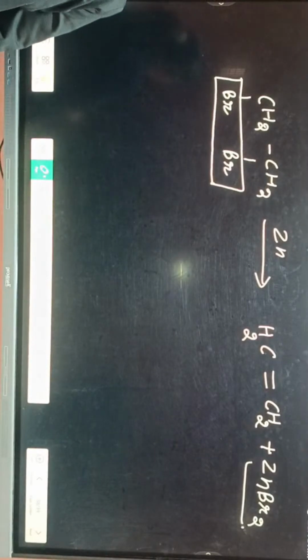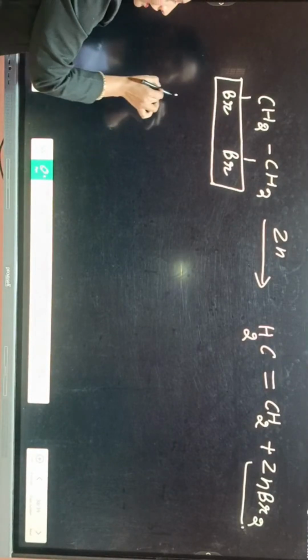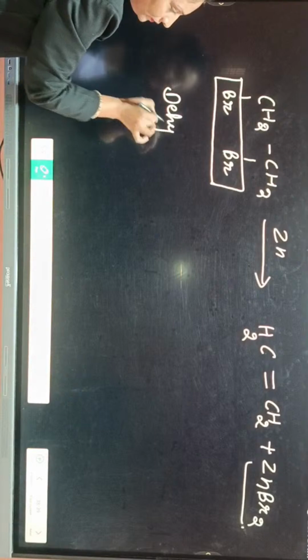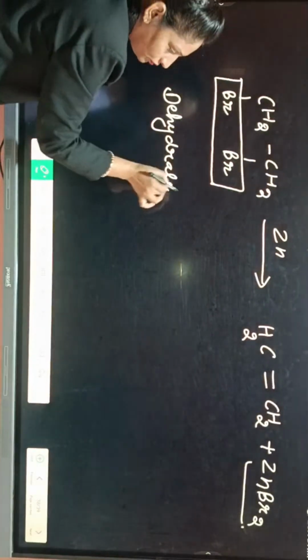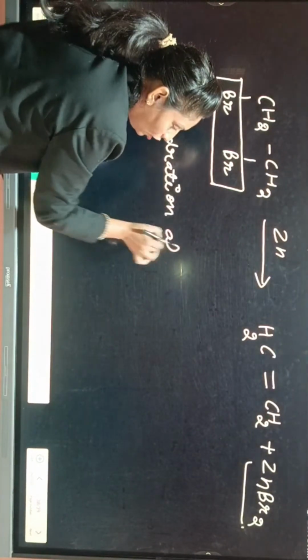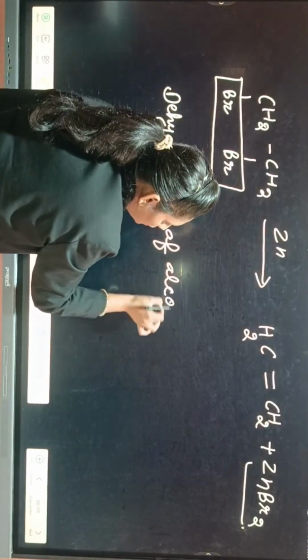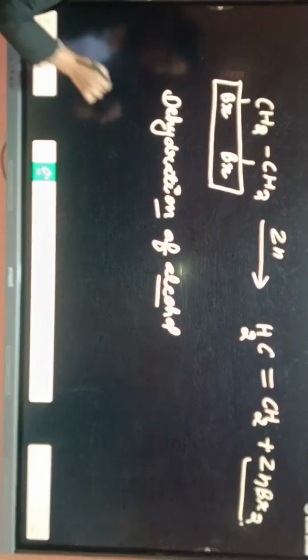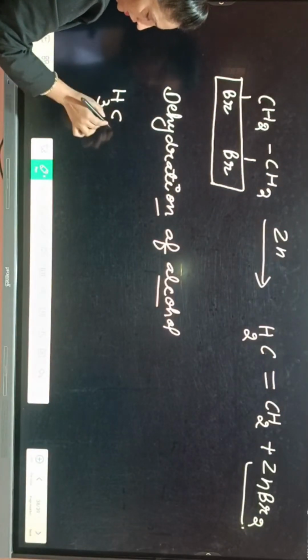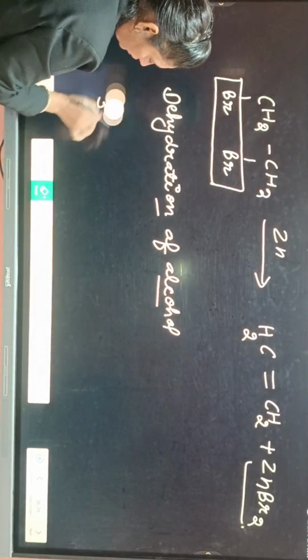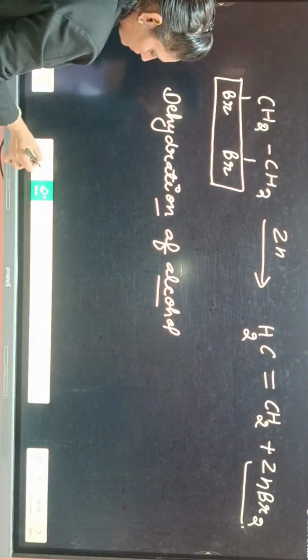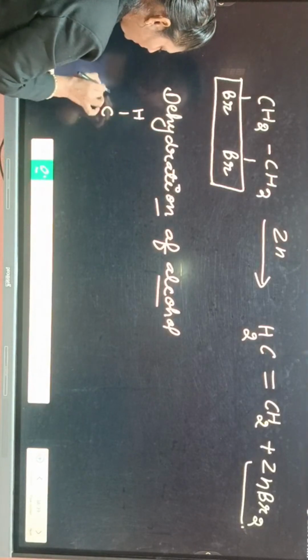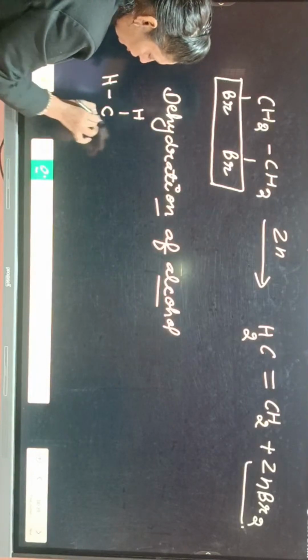One more method is by dehydration of alcohol. This is also simple. Alcohol means here we replace hydrogen by OH group.